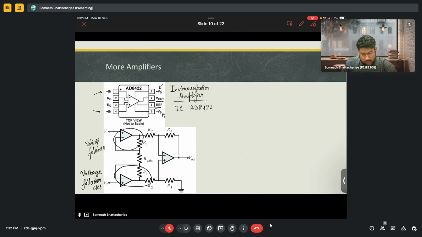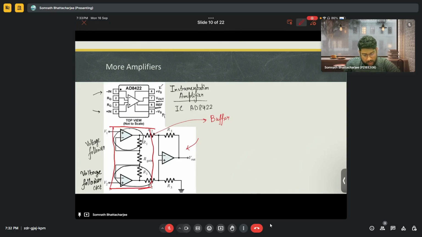So this first block works as a buffer. Similarly, the second block is a basic configuration where we can write it like this.